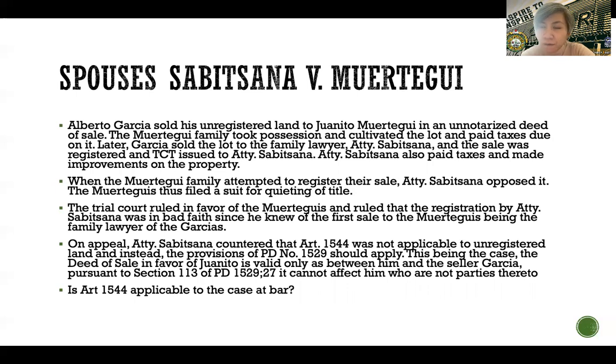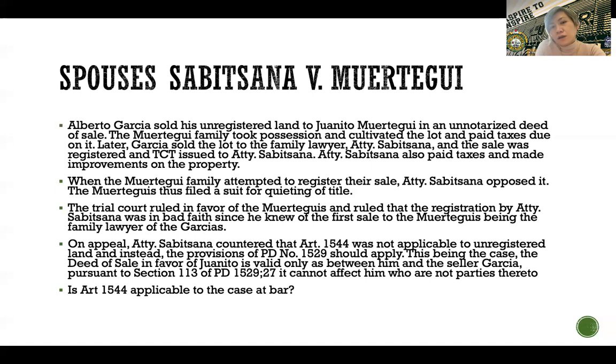And it cannot affect other persons who are strangers to that deed of sale between Juanito and Garcia. Kaya di ba, wala man niya na-panotaryo ang deed of sale kay Muertegui.